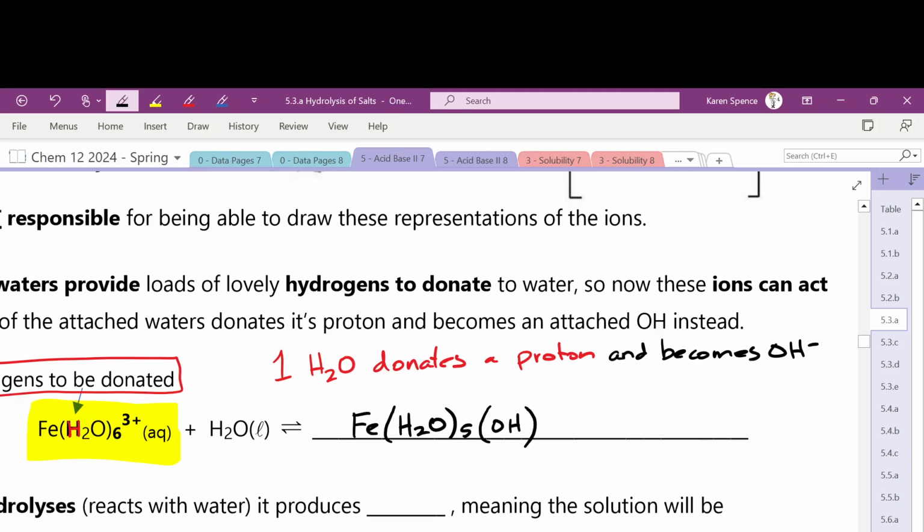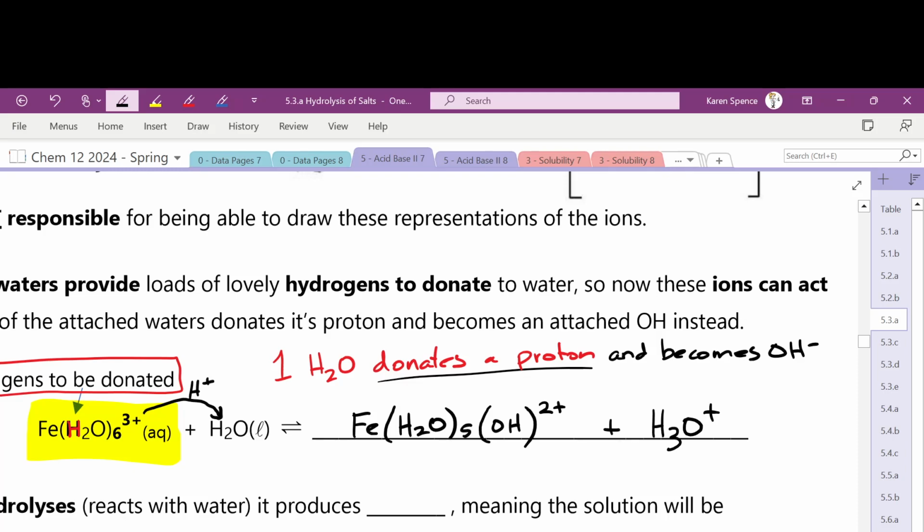And because it's negative, instead of being 3 positive, this is now going to be 2 positive. And where did that donated proton go? The hydrogen was transferred to the water. And what does water become when it gains a proton? H3O plus.